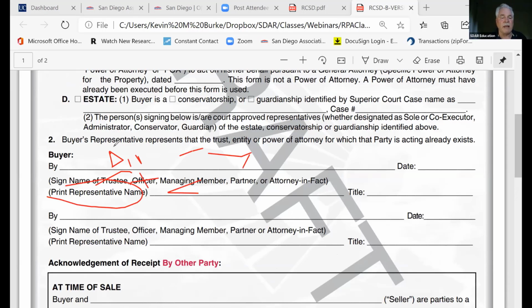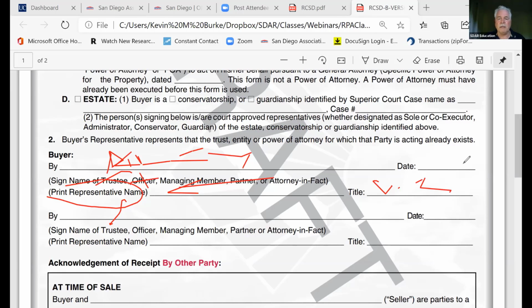They'll sign it up here, but they print the representative name down here. So bottom line is that the individual is saying, I am the one authorized to sign on behalf of this entity. And it'll always be an entity, because this is specifically why this form was created.